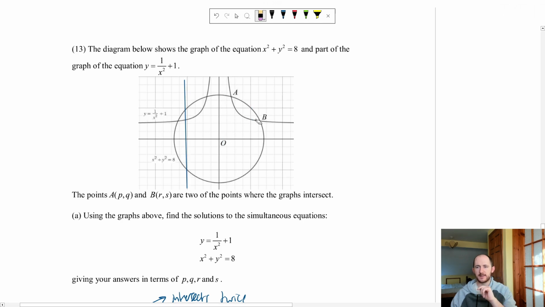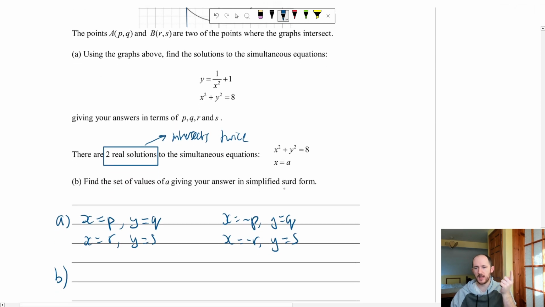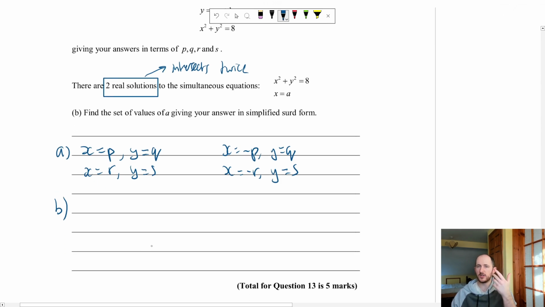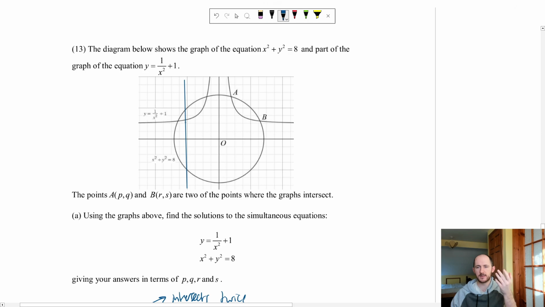Now that's why it says find the set of values, because we're not going to get x equals this. We're going to get a range of values. So the question is, how do I describe this range? Well, I need to work out what these two points are. Now that might sound scary, but it's actually not that bad.